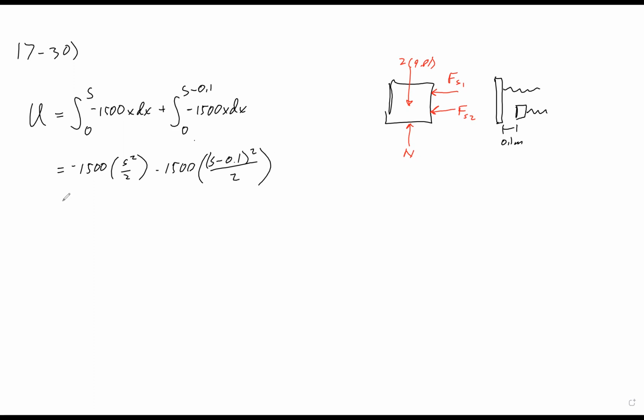If we just do the algebra, we end up with a second degree polynomial: negative 750 factored out, times 2s squared minus 0.2s plus 0.01, and this is in joules. Here s is the distance traveled by the box as it contacts the first spring, then the second spring, and then stops.